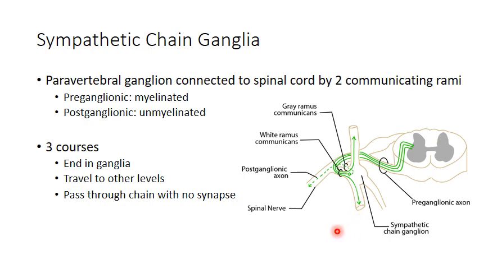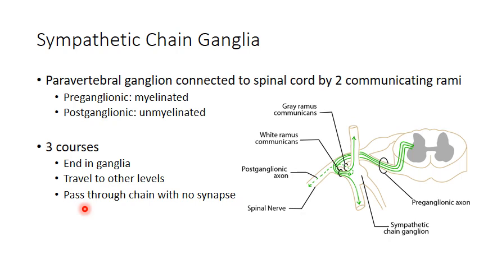Now the last option here isn't really shown, but we will look at this on the next slide. The last thing that can happen is our preganglionic fiber can pass through the chain without synapsing at all.